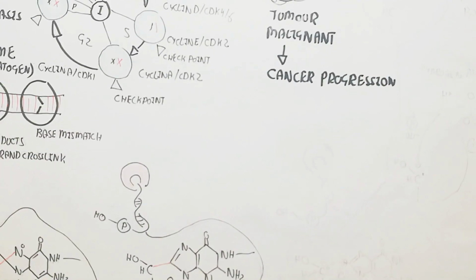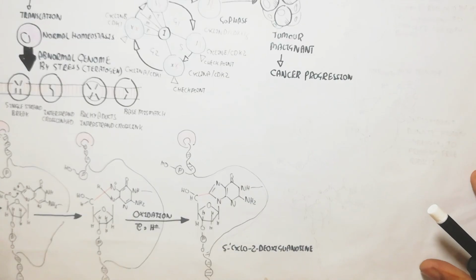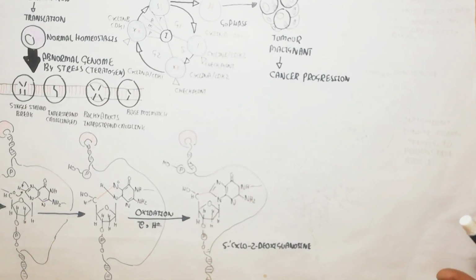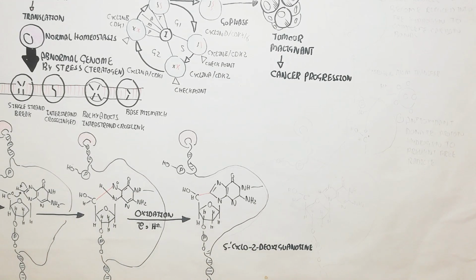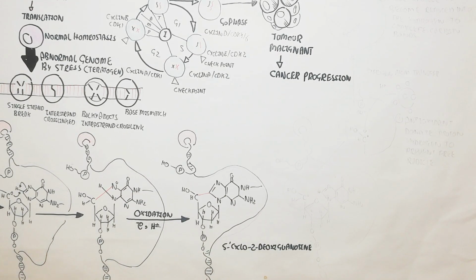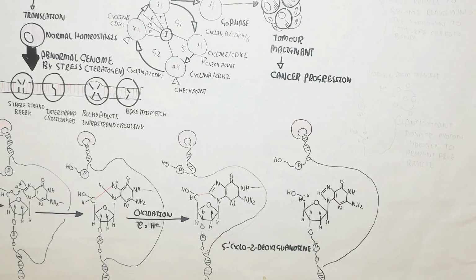So let's understand how antioxidants work in repairing DNA damage and how it is important. In this video we are just understanding the biochemical pathway, but DNA repair through enzymatic activity we will discuss in the next video.